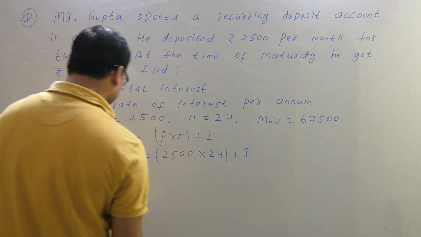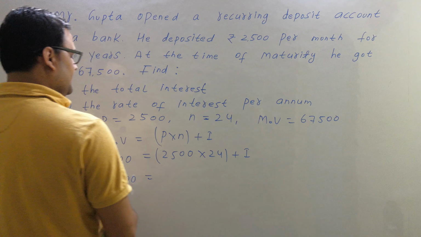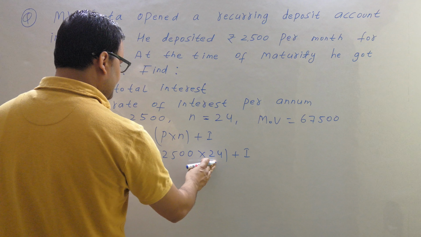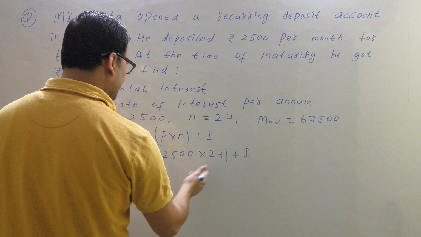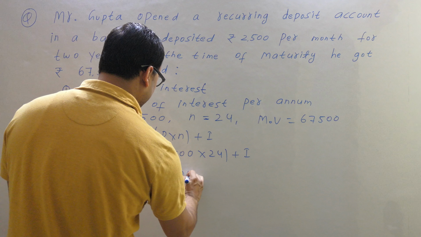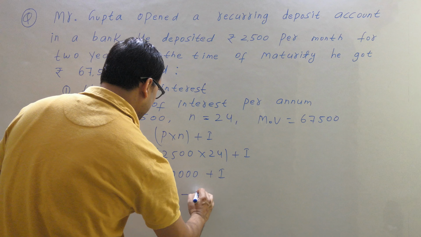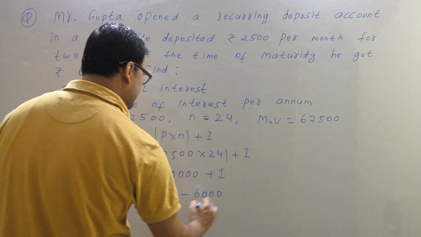So I got 67,500. If I multiply, 25 twos are 50, into 24, it means I'll get 60,000 plus I, the interest. So I is going to be 67,500 minus 60,000.